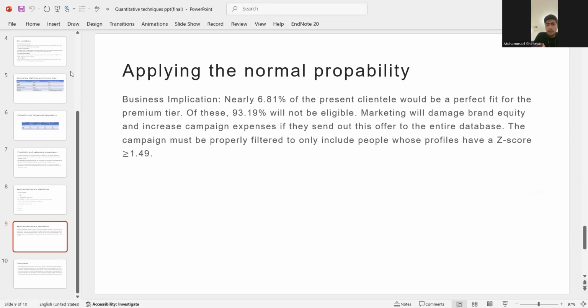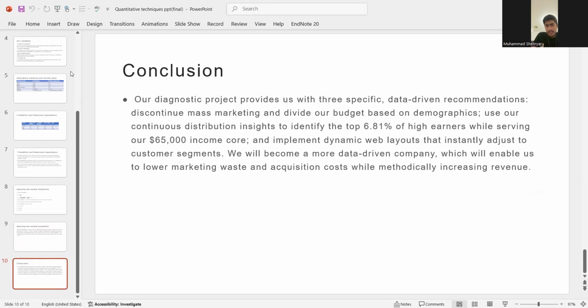In conclusion, as I wrote in the last slide of this presentation, our diagnostic project provides us with three specific data-driven recommendations. Discontinue mass marketing and divide our budget based on demographics.